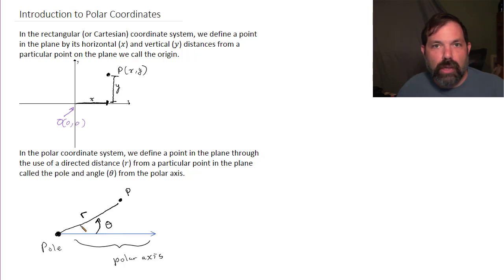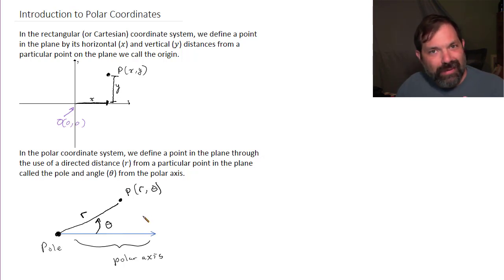Positively measured theta means a counterclockwise rotation, and a negatively measured angle means a clockwise rotation. And we call this point P(r, theta). So in the polar coordinate system, we have two components, r and theta, where r is a directed distance from the pole, which we'll see what that means shortly, and theta is the standard angle from the polar axis.